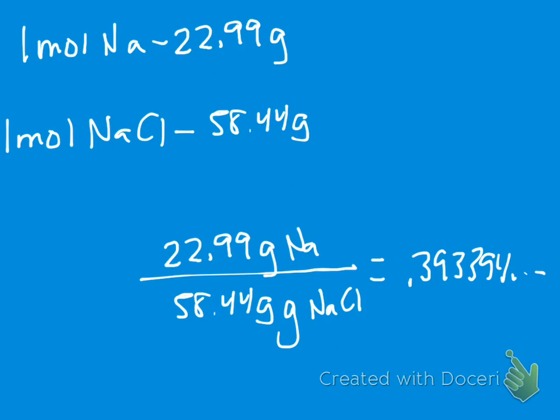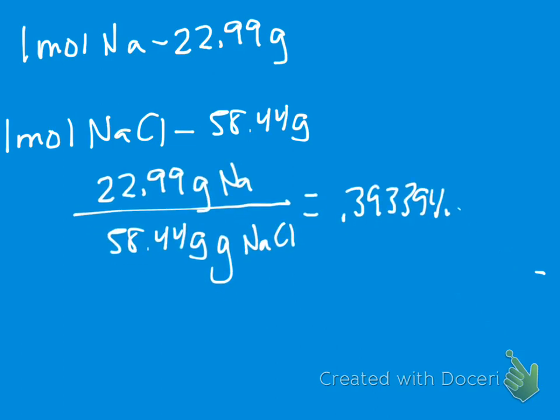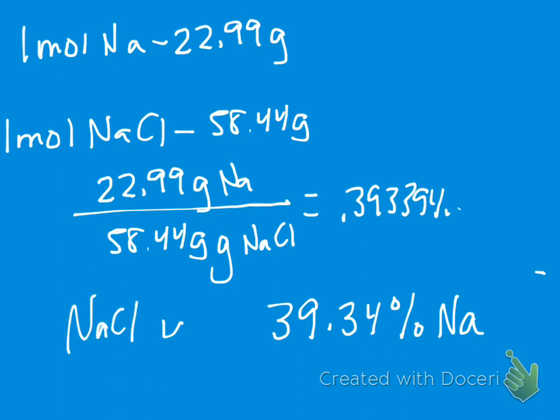So the percent composition of sodium in sodium chloride is 39.34. Or you can say NaCl is 39.34% sodium by mass.